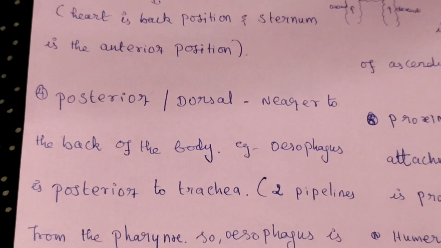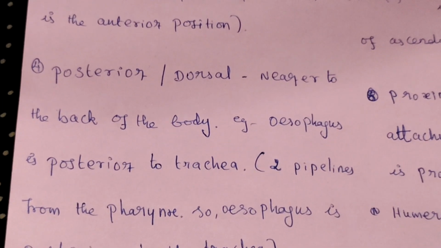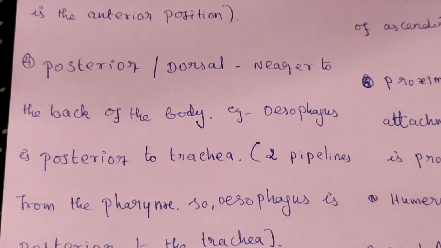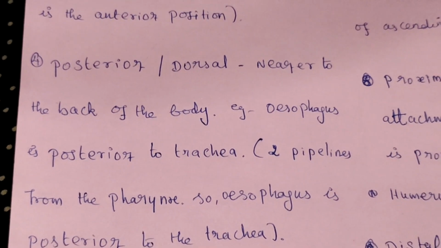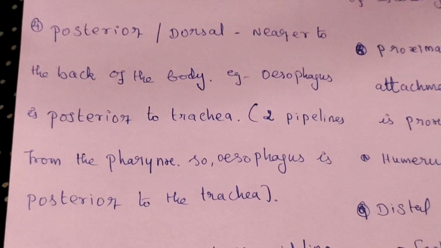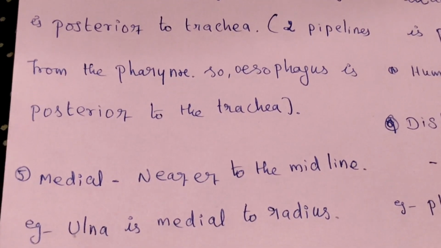Second is posterior or dorsal. This is nearer to the back of the body. Example: the esophagus is posterior to the trachea. Of the two pipes from the pharynx, the esophagus is posterior to the trachea.